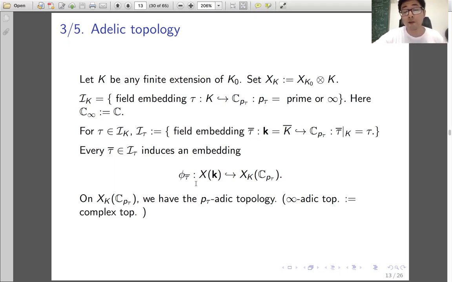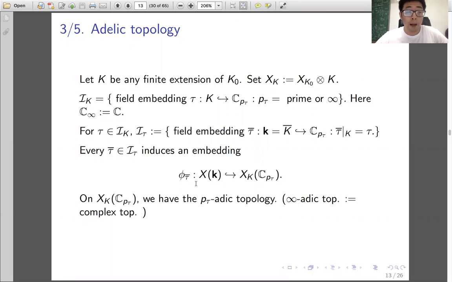Here, C_∞ is just C, the field of complex numbers. For every τ in I_{K'}, we denote by I_τ the set of field embeddings τ-bar from K to C_{p_τ} which extend the given field embedding τ.